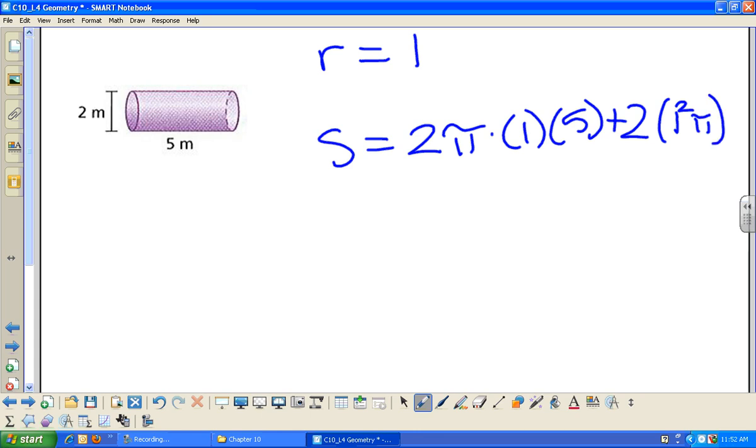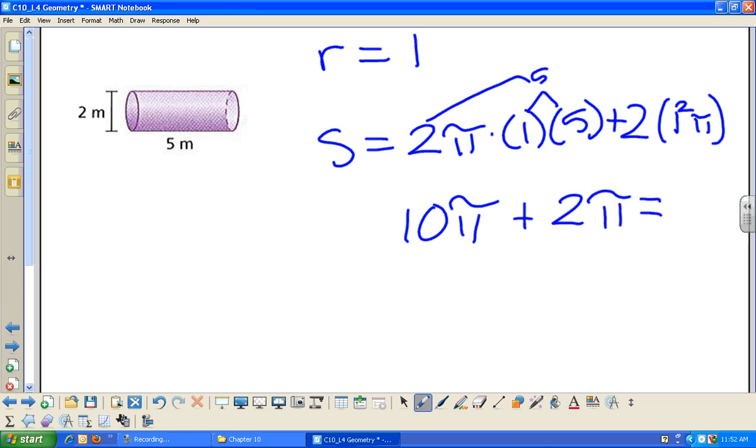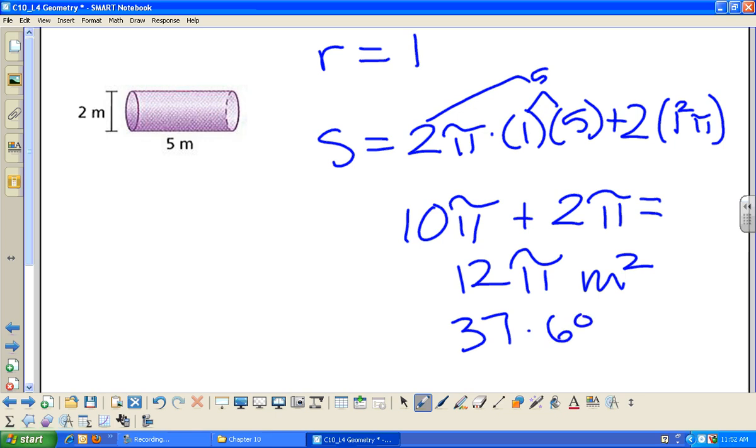When I multiply this out, 1 times 5 is 5. 5 times 2 is 10 pi. Plus 1 squared is 1, times 2 would be 2 pi. So the surface area of the cylinder would give me 12 pi meters squared. Since they both have pi units, I can add those into 12. Or if you were to multiply this out, it would be 37.68 meters squared.